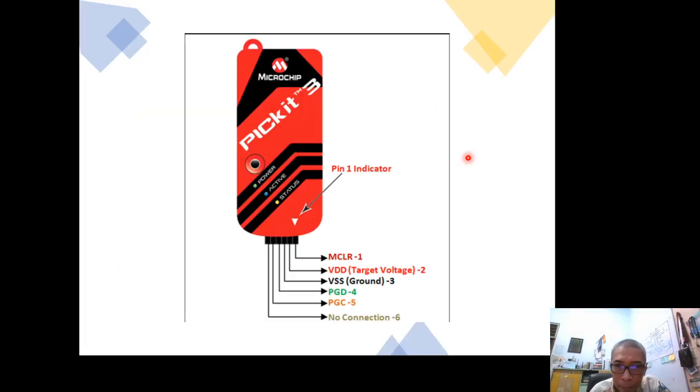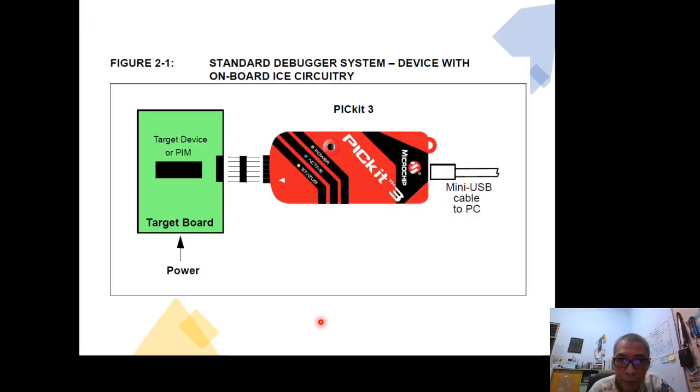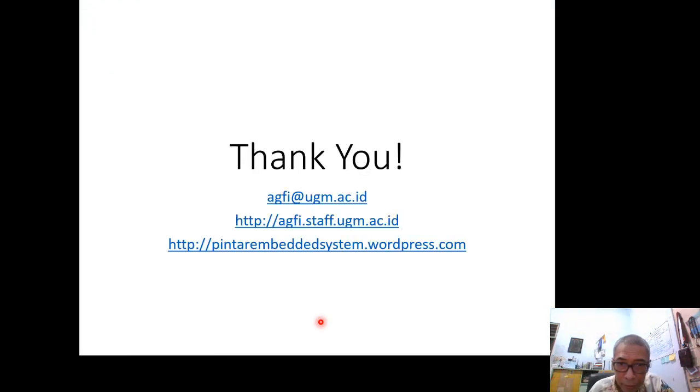It doesn't matter. So this is the connection between the PICkit 3 and the port, using MCLR, PGD, VDD, VSS, PGC, PGD, unless the last connection. This is no connection. So this is the connection of the standard debugger system to the port.